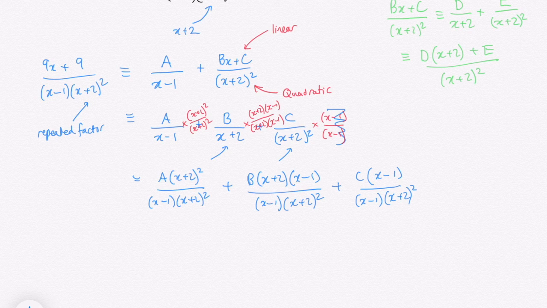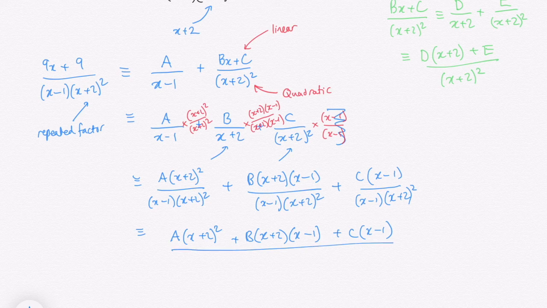And now we have a common denominator, so this is equal to a lots of x plus 2 all squared plus b lots of x plus 2, x minus 1 plus c lots of x minus 1 all over x minus 1, x plus 2 squared.